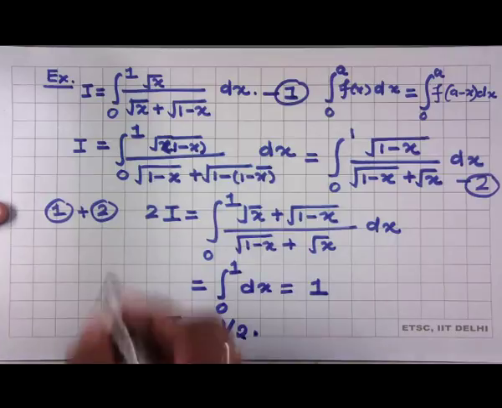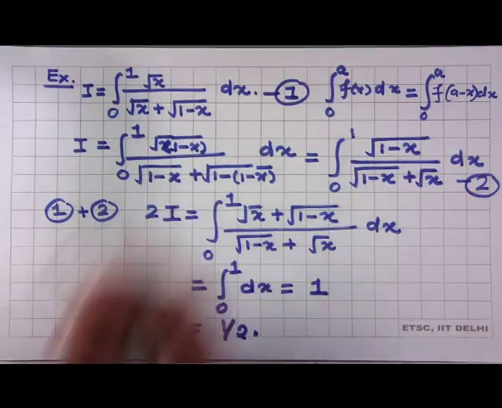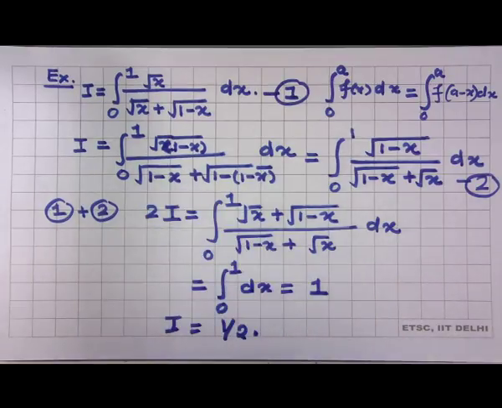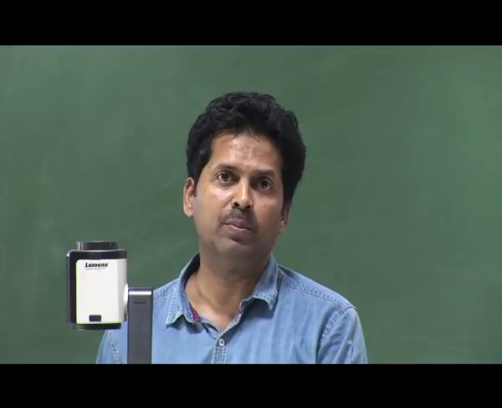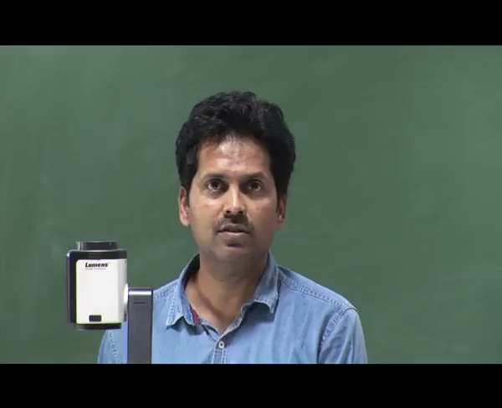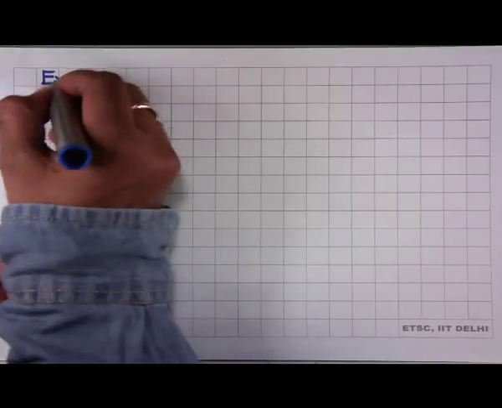So you can see that the problem seems very complicated, but you can very easily solve it by using the properties of definite integrals. Let us take another problem. Example.